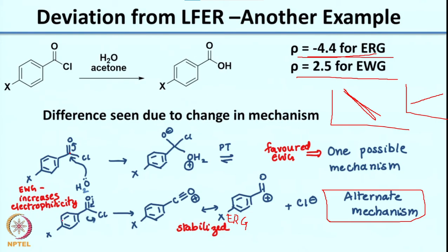While talking about the second case, here the electron releasing group will stabilize this intermediate more compared to this one. So here the electron releasing group will stabilize this positive charge. That's why this is the mechanism which will give the Hammett value of minus 4.4 for electron releasing group, right?